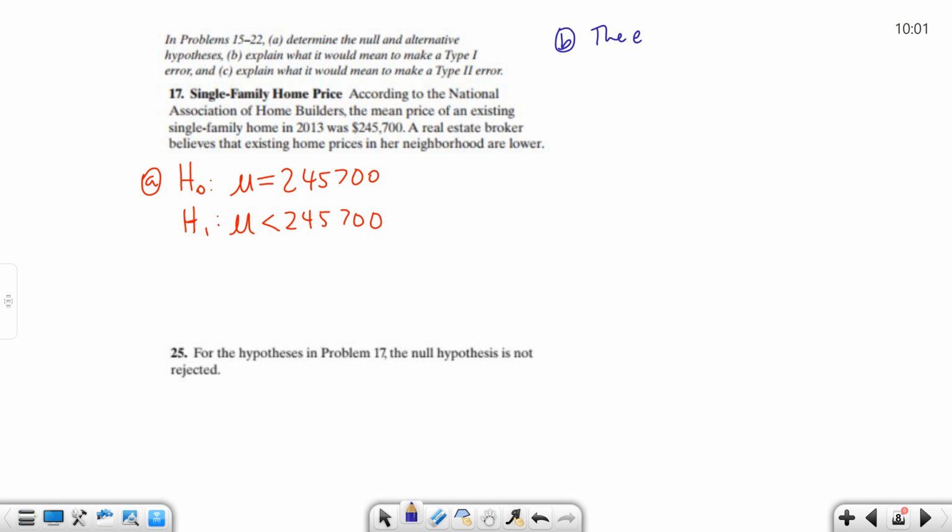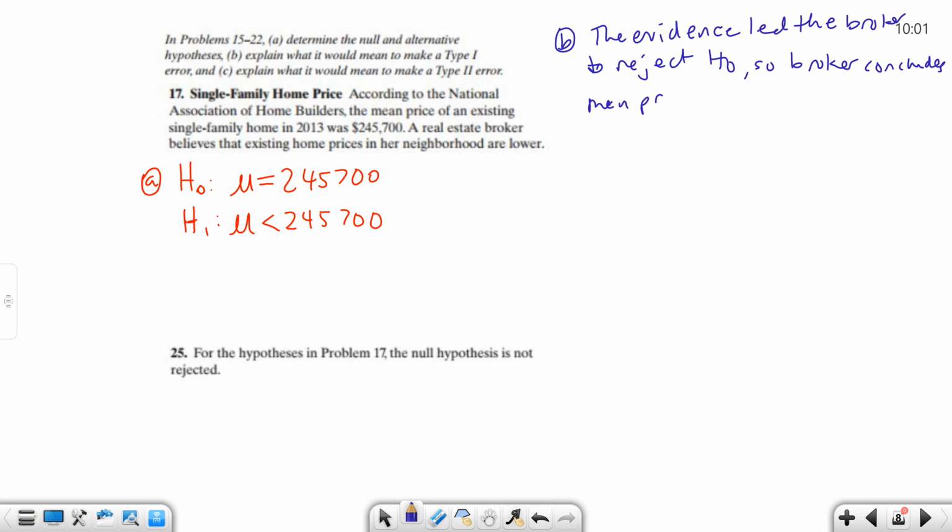So the evidence led the broker to reject H naught. So the broker concludes, this is not how they say it, that the mean price is less than 245,700.